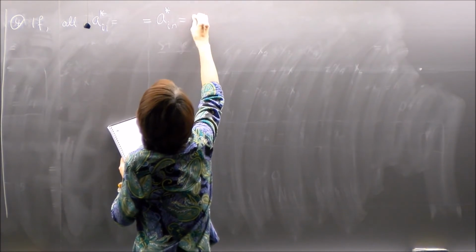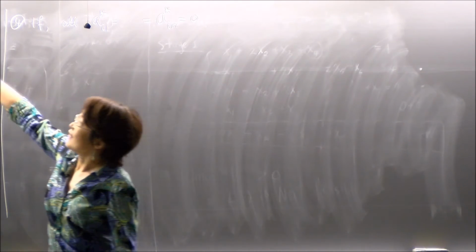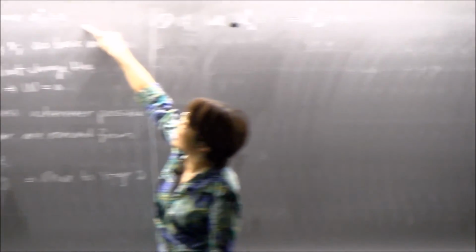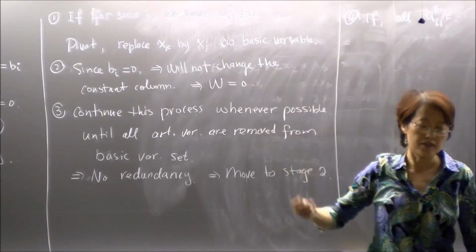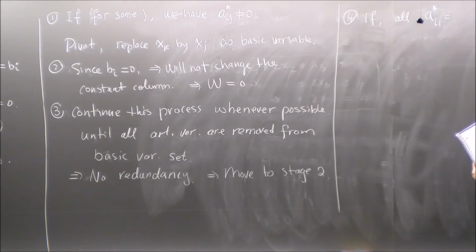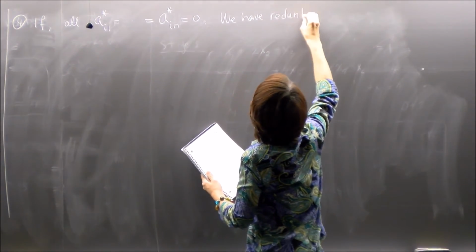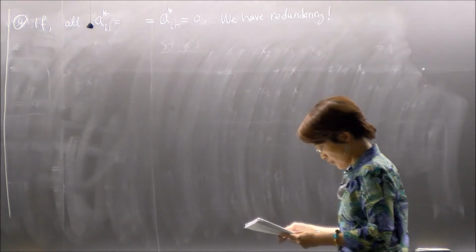Now, if all of these are 0, then you cannot repeat this process, because you don't pass that if, and you cannot do the pivot. Is that right? Then you can't do it. So that is where we have redundancy. Then that equation is redundant.